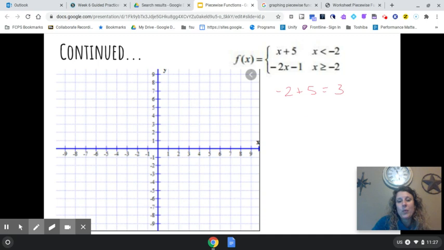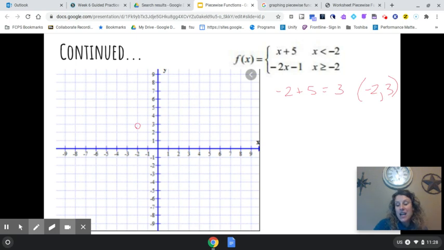So when x is -2, the y value is 3. But I would have an open dot there because x has to be less than -2. So I'm going to put an open dot at the coordinate (-2, 3).